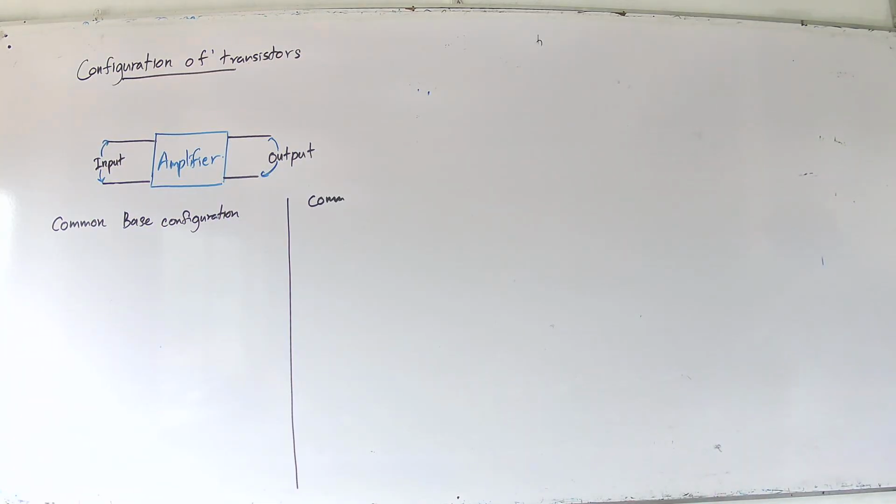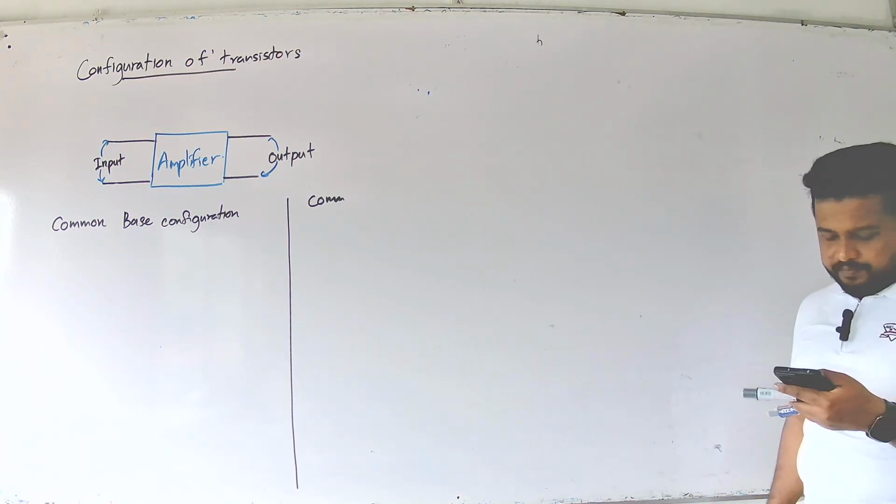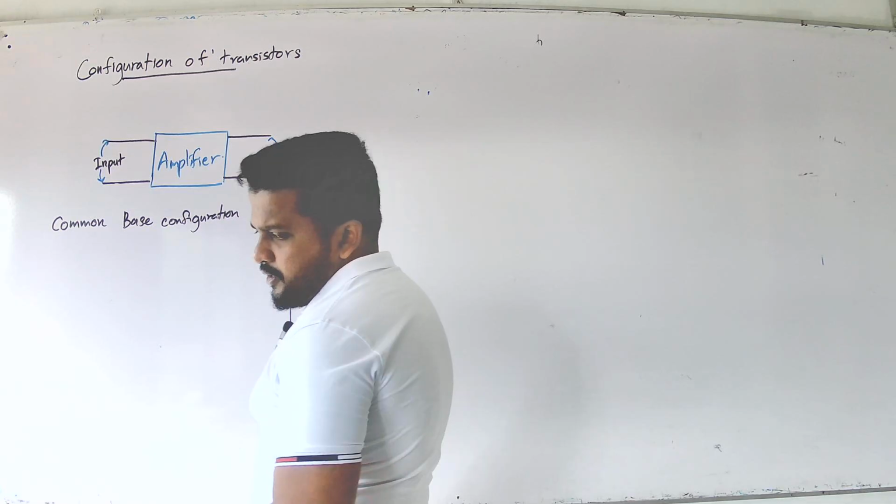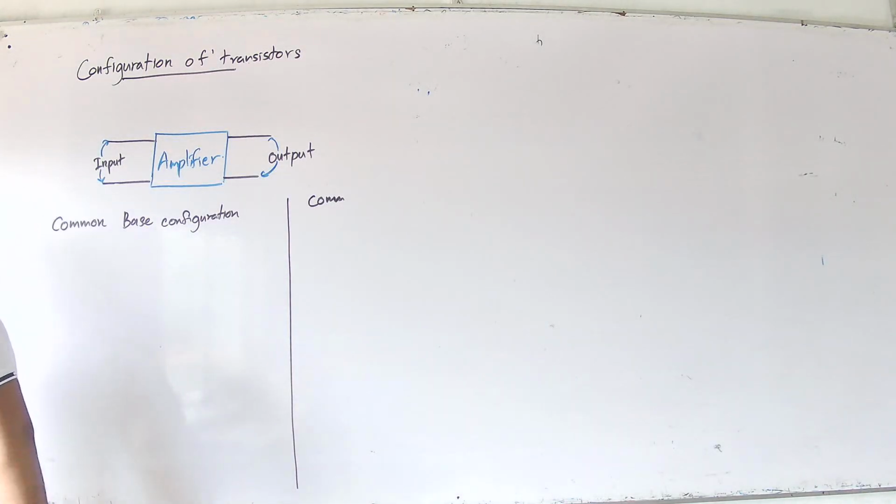There are three ways or configurations that a transistor can be connected to the electronic circuit.